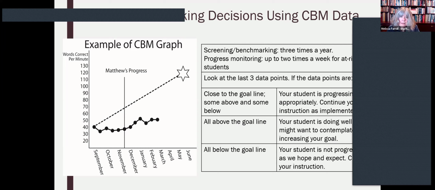So when progress monitoring tools came out, with all of this potential to get to our students much more quickly, we did this by focusing on skills per minute.